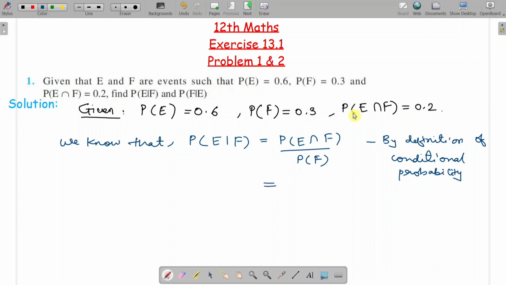So this is equal to probability of E intersection F, which is 0.2, divided by P of F, that is 0.3. So that is equal to 2 by 3, right?